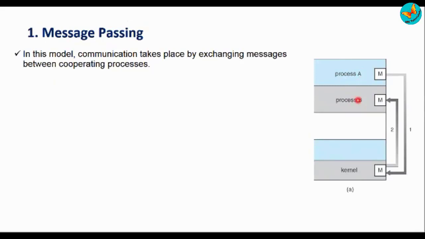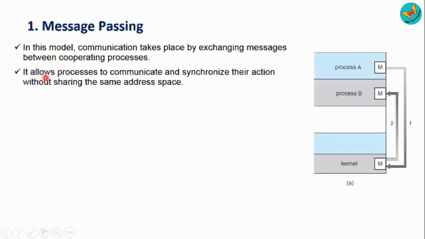Process A has its own independent memory address and process B has its own independent memory address. So in message passing, they are not going to share the same address space, but they will take the help of the kernel.